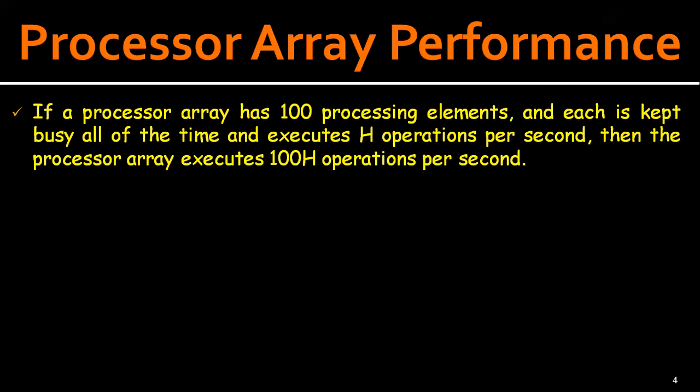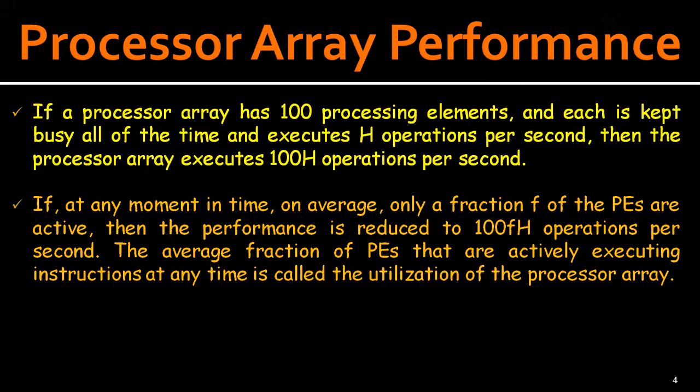If at any moment, on average, only a fraction F of the PEs are active, then the performance is reduced to 100FH operations per second. The average fraction of PEs actively executing instructions at any time is called the utilization of the processor array.